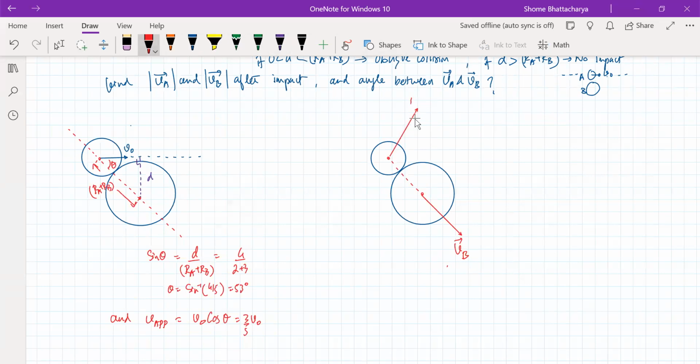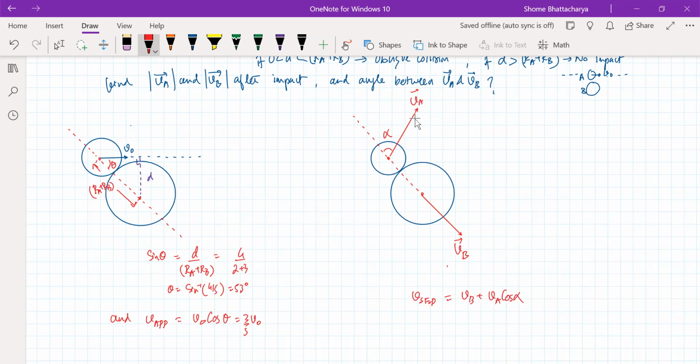So this is our VA, such that it is making some angle, let's say alpha, like this. So in this diagram, our separation velocity will become VB plus VA cos alpha, according to how I have taken it.